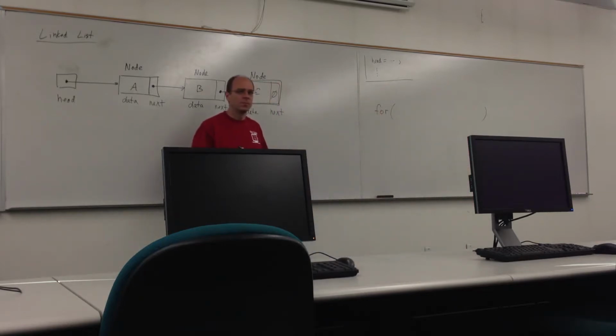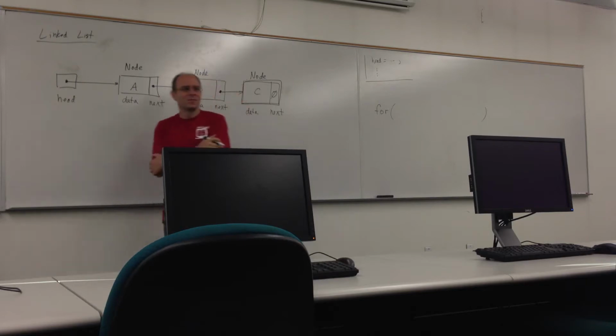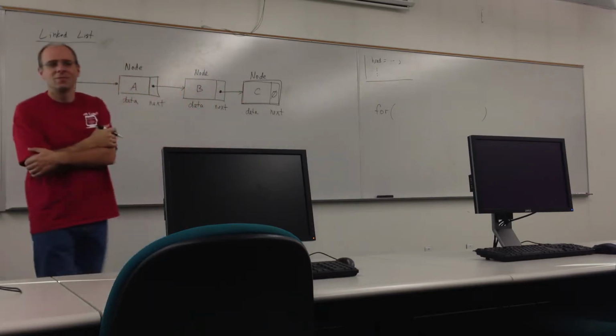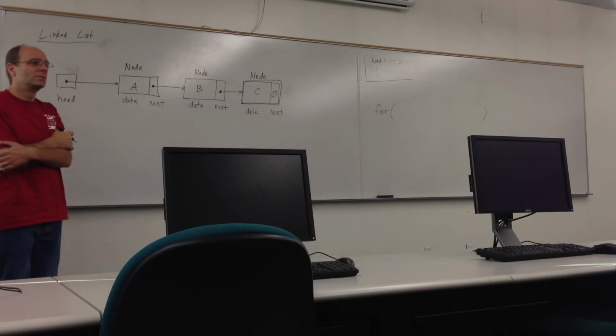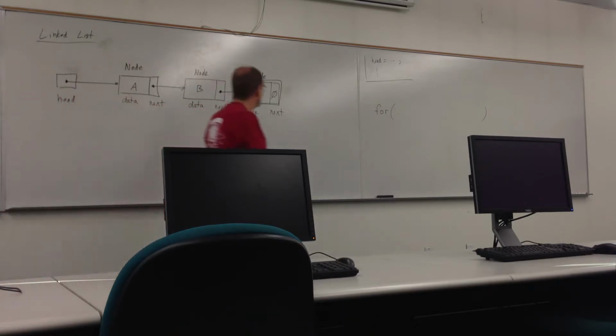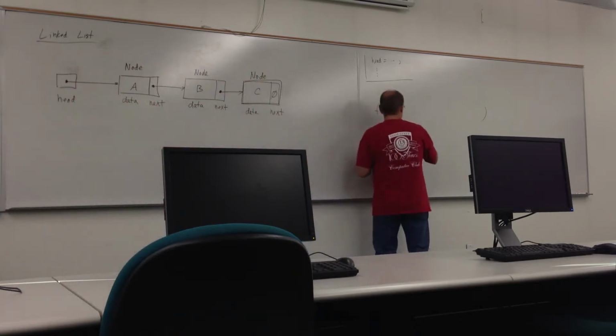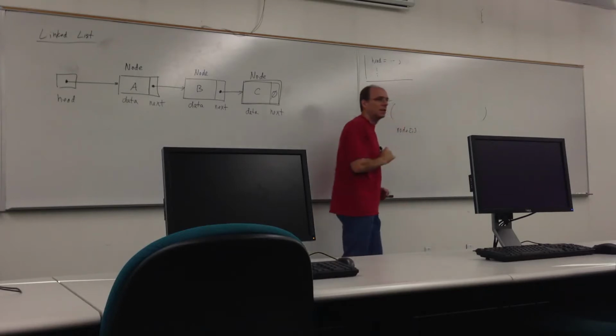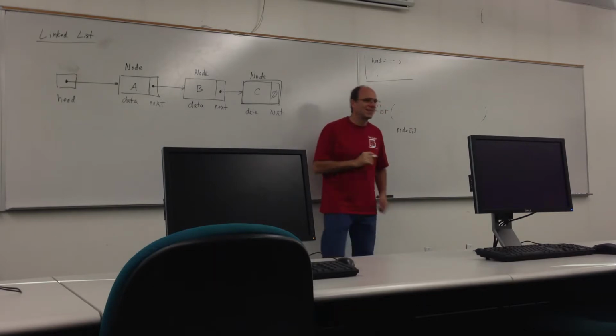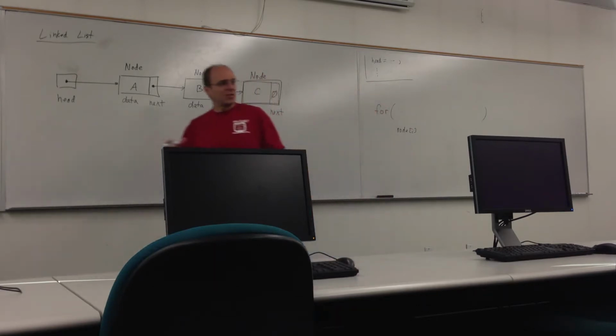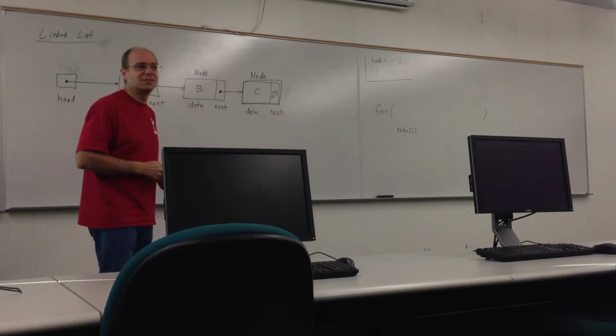So for node I. You're saying node I like that? Well, I was saying count with a node type. I guess that won't work, because we don't actually have an array, so we can't use indexing here.